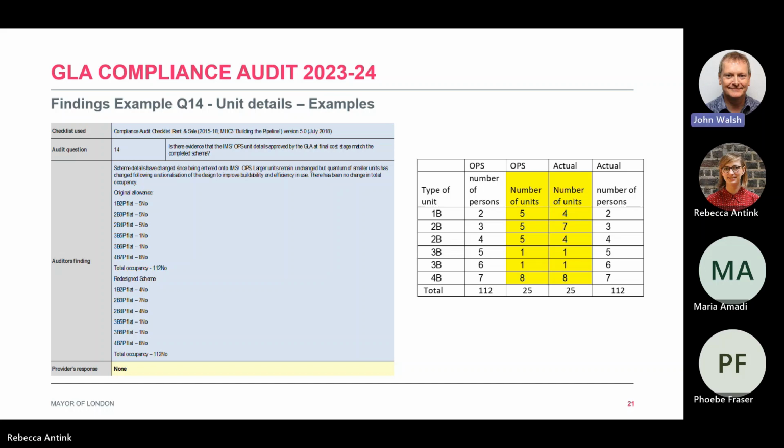And one thing we would comment on is that what would also be helpful in this instance is if in the table on the right, the auditor had presented another column to show the actual variance percentage for the different unit size types, because again, that will influence the severity rating of any breach identified.